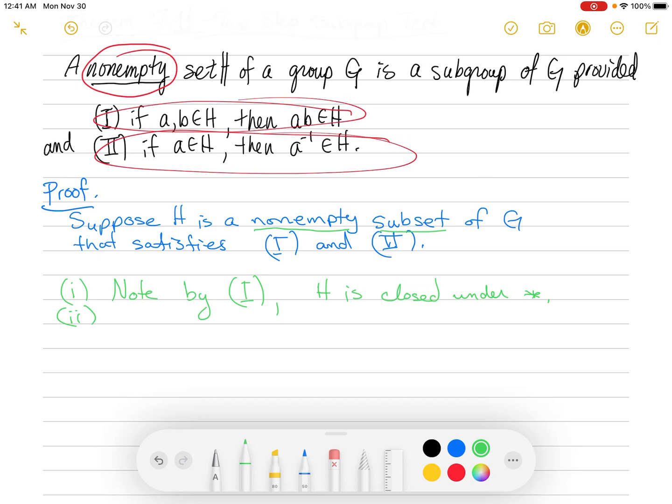So 2, you have associativity. Why do you have associativity?